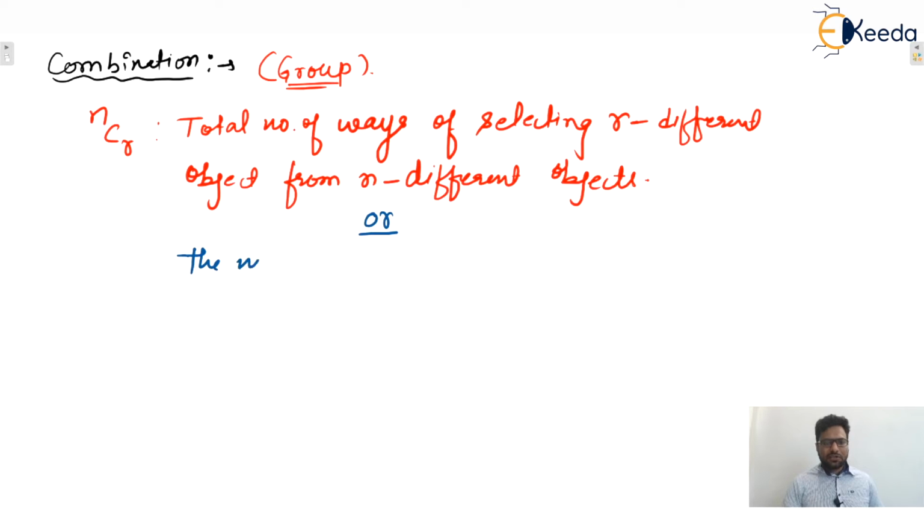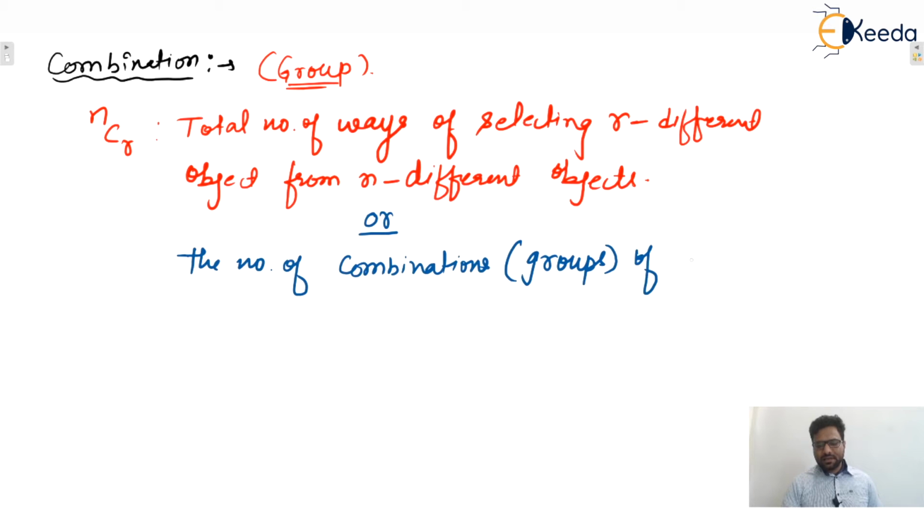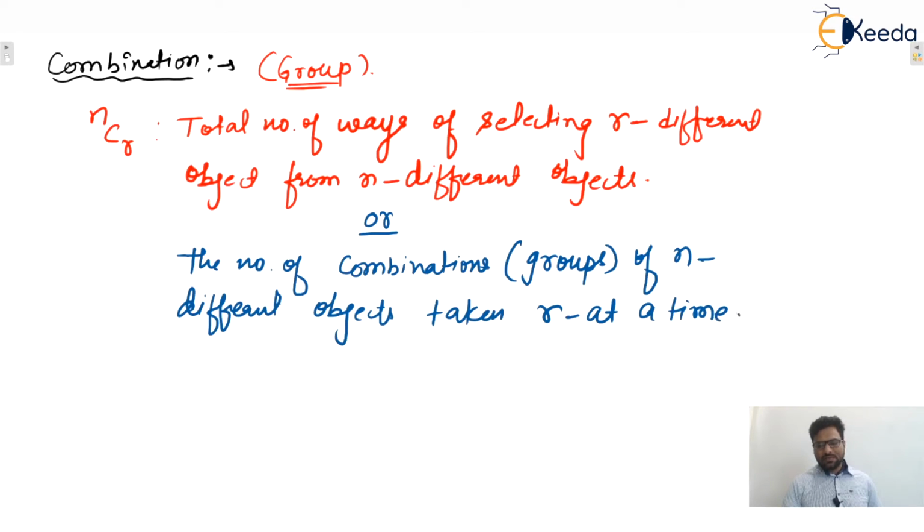That is given by NCR, or we can say the number of combinations or groups of n different objects taken r at a time is equal to NCR.